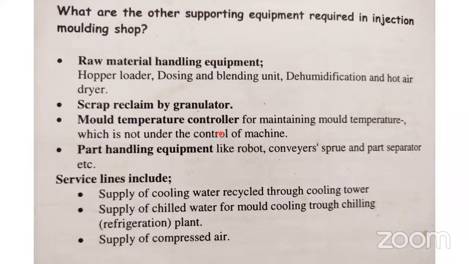Nowadays, every plant has these machines, robots, conveyors, part separators. Service lines are the cooling water supply line, chilled water supply line, right? Supply from the compressor is also required. Friend, all these supporting or auxiliary equipments are present in the injection molding shop.